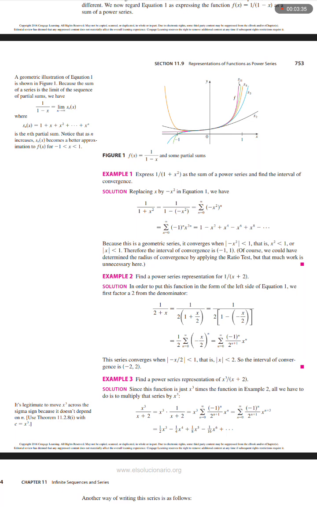Notice that as n increases, s sub n of x becomes a better approximation to f of x, for negative 1 less than x less than 1. See figure 1: f of x equals 1 over 1 minus x and some partial sums.